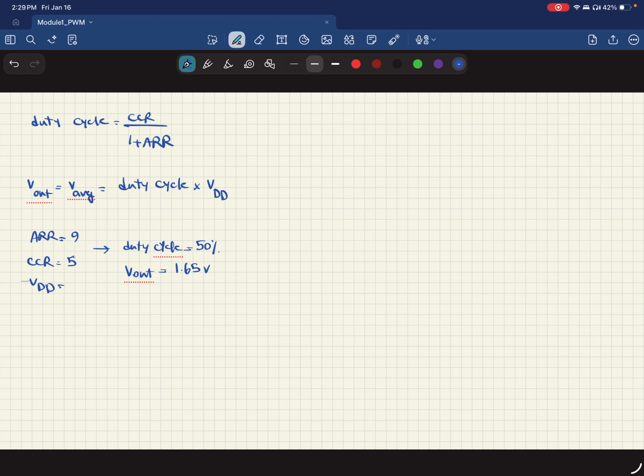And let's say VDD is 3.3 volt. Now, if I change the CCR to 4, then I would get a duty cycle of 40%, and V output would be about 1.32 volt.